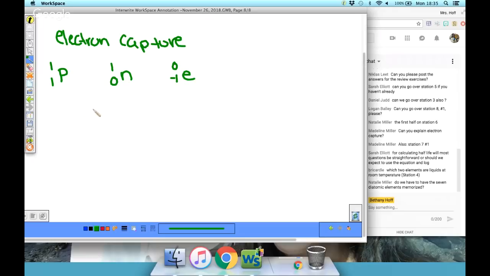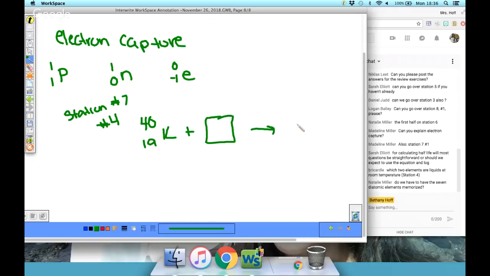So if you have electron capture, an example of this is station number 7, and we're looking at number 4. Here's an example of electron capture, 19K plus, and then you're given a box, 40, and then 18 argon.